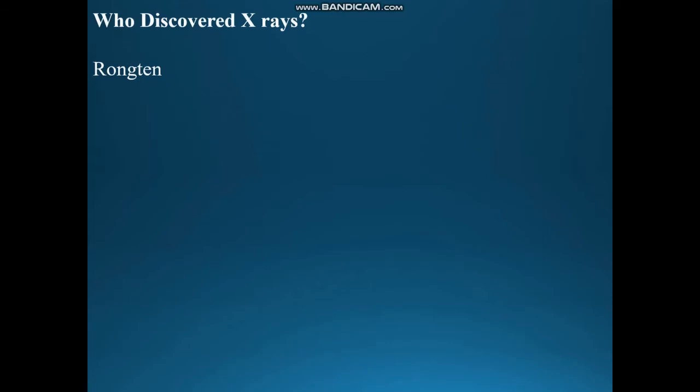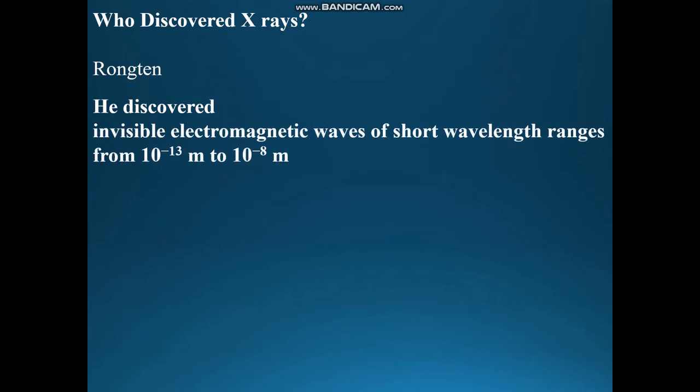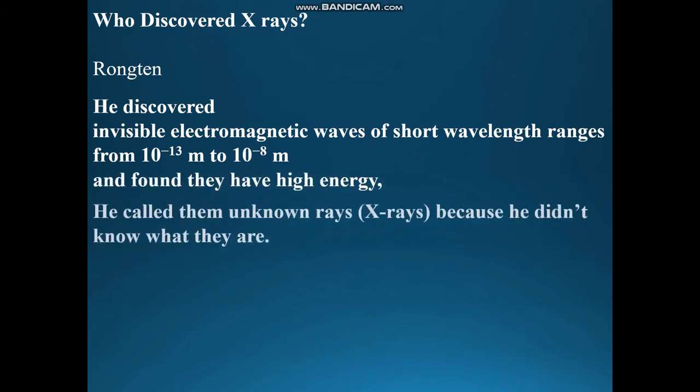Who discovered X-rays? A scientist named Röntgen discovered X-rays. He discovered invisible electromagnetic waves of short wavelength, ranging from 10 to the power of minus 13 meter to 10 to the power of minus 8 meter, and found they have high energy.